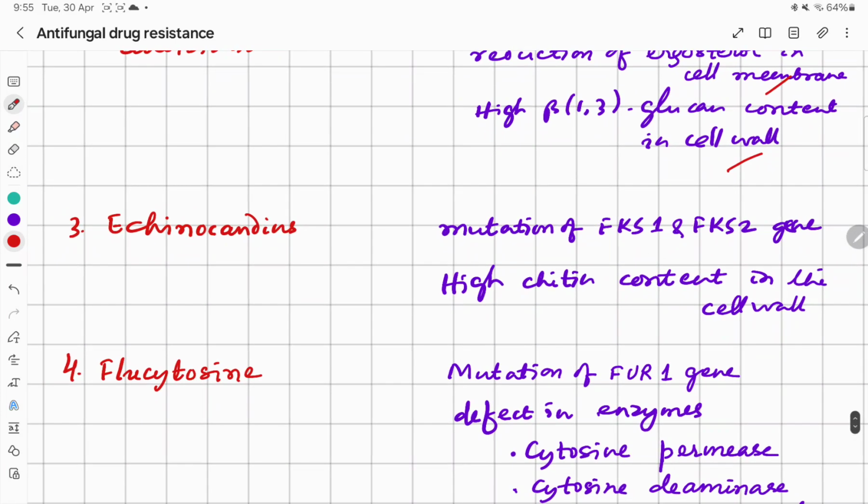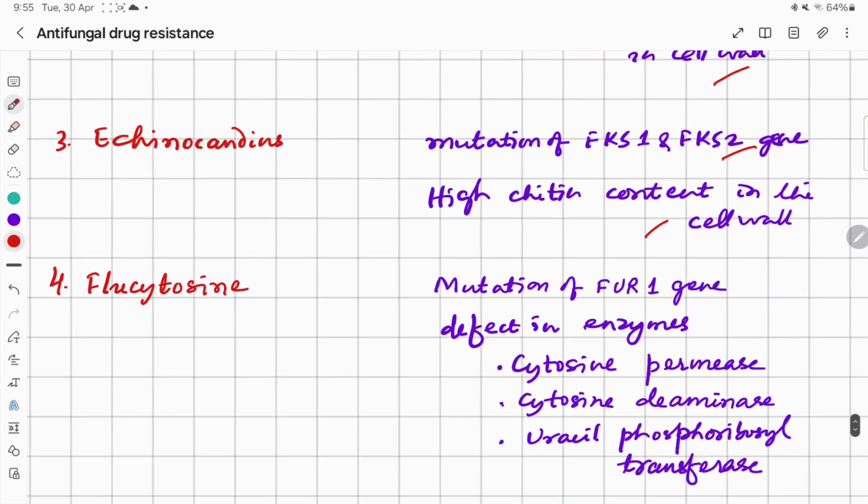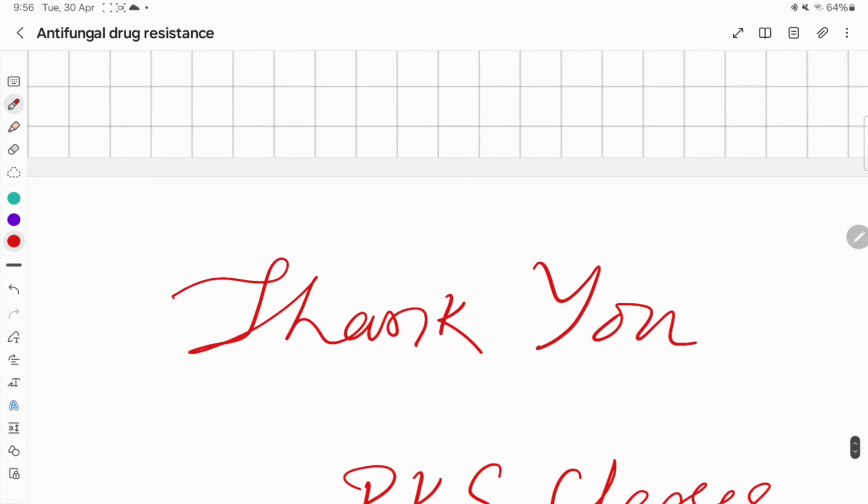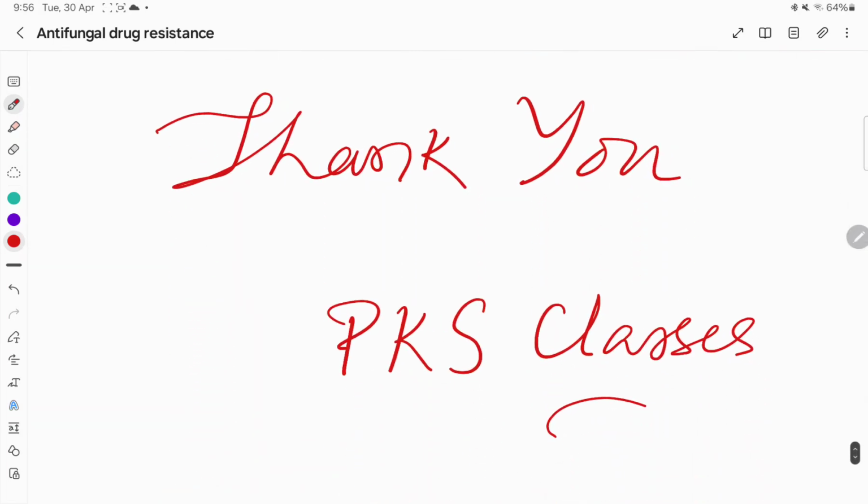For echinocandins, mutation of FKS1 and FKS2 genes, high chitin content in the cell wall. For flucytosine, mutation of FUR1 gene, defect in enzymes like cytosine permease, cytosine deaminase, uracil phosphoribosyl transferase. So this is all about the mechanism of resistance to antifungal drugs.